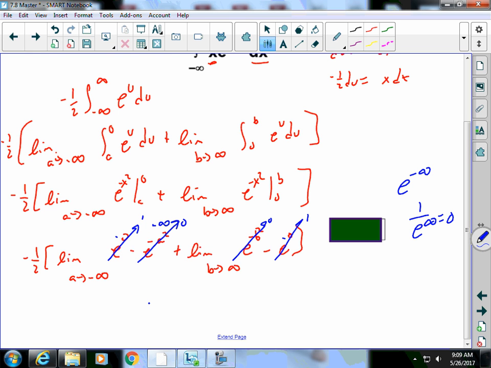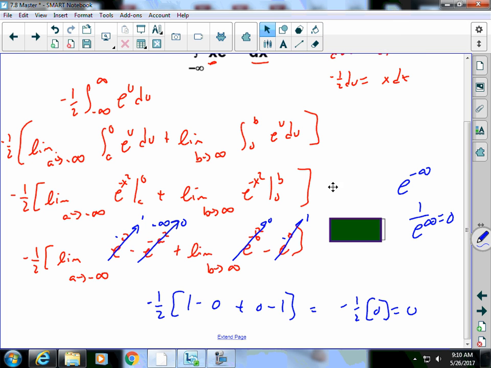So now I have a minus 1 half times 1 minus 0 plus 0 minus 1. So I end up with a minus 1 half times 0, or just 0, and we'd say it's convergent again.